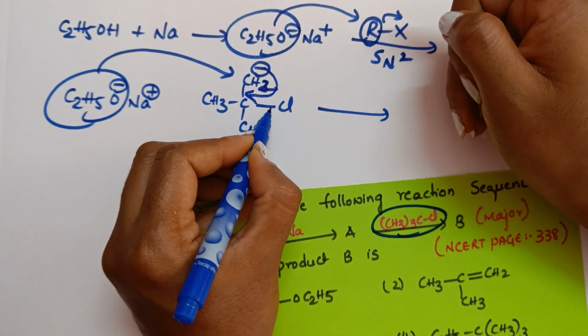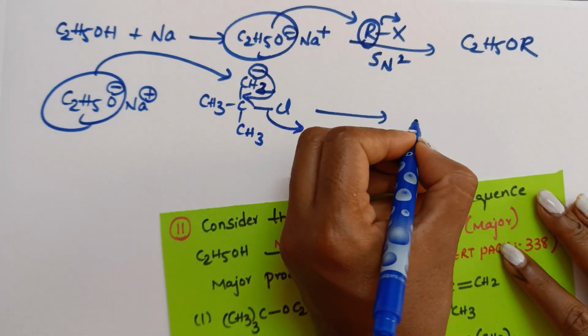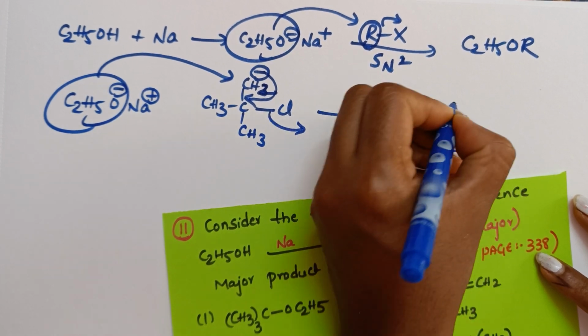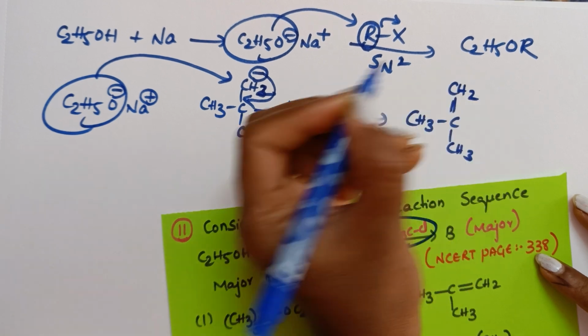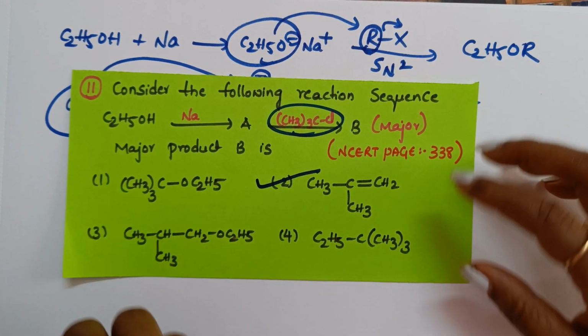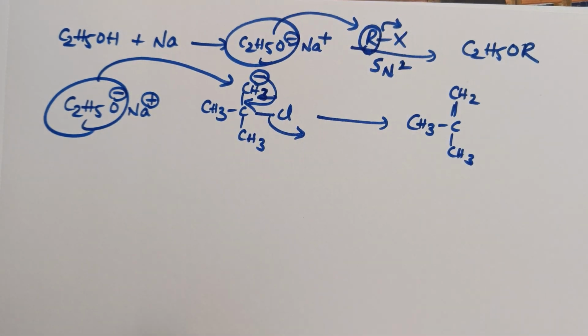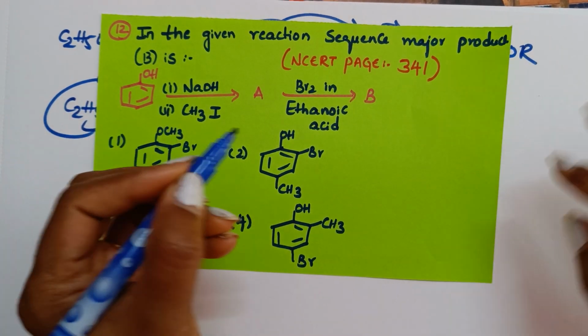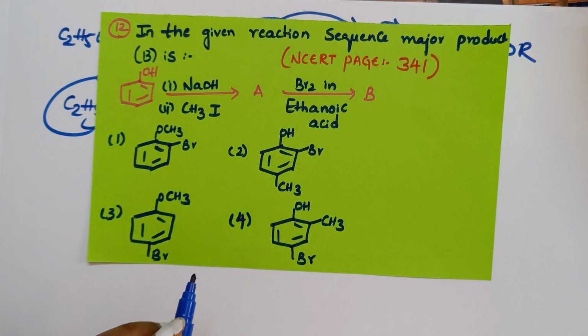Then this pair shifts here, and the halide goes out. Simply to say, we get an alkene. So in the options, you should check for an alkene. See, the alkene is there in which option, students? Option number 2.